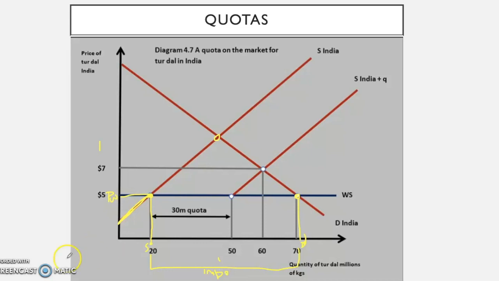So the government would want to impose a quota and say, we're not going to take all the 50, but guess what? We will take 30. So this 30 million represents the quota amount. That's the quantity that we can take, okay?